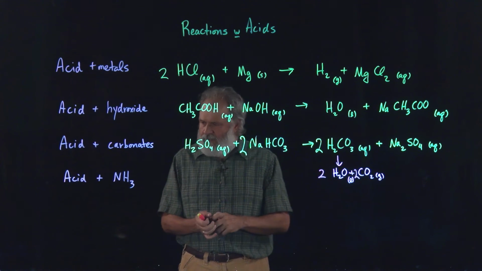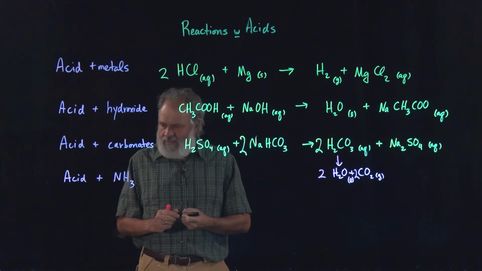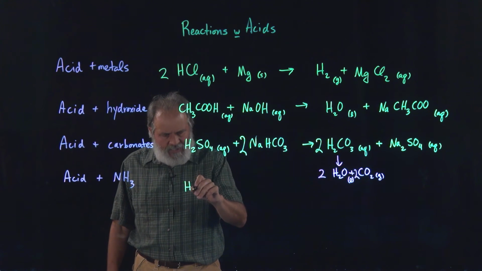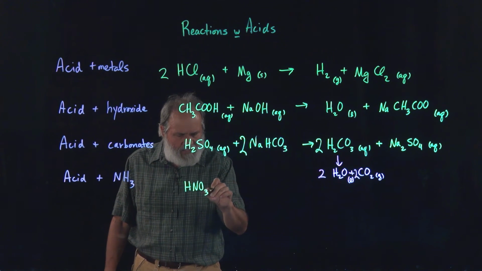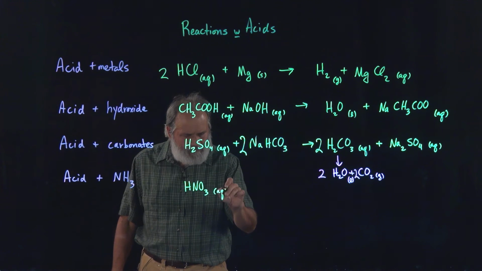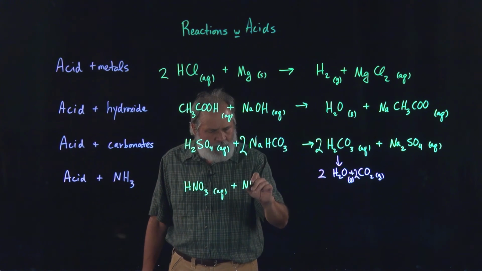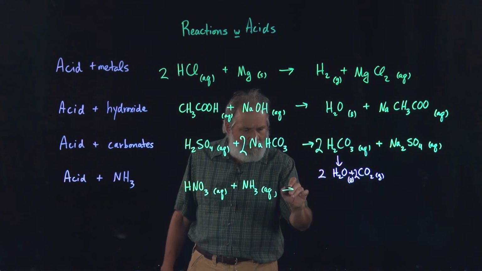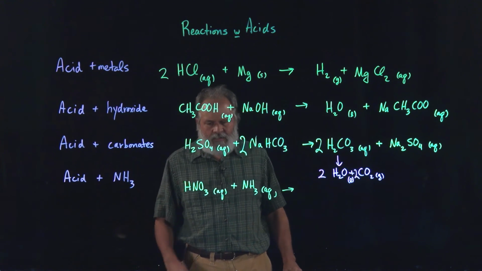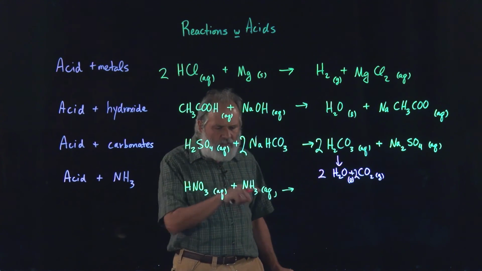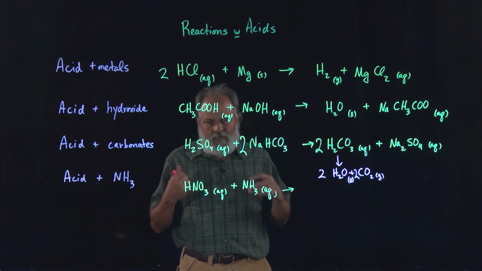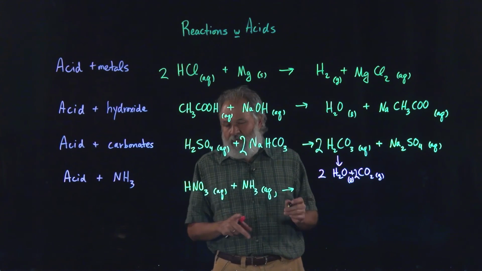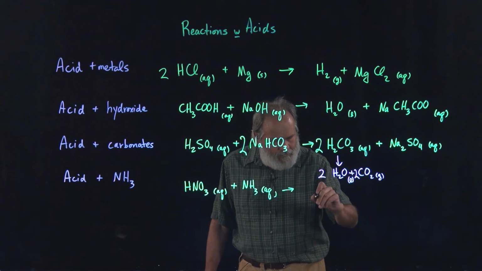The last reaction is going to be the reaction of an acid with an amine, and we're going to do nitric acid, just to choose a different acid. And that's going to be, in essence, the proton goes onto the nitrogen to make what's called a quaternary nitrogen, a nitrogen with 4 bonds to it, and it'll have a positive charge.